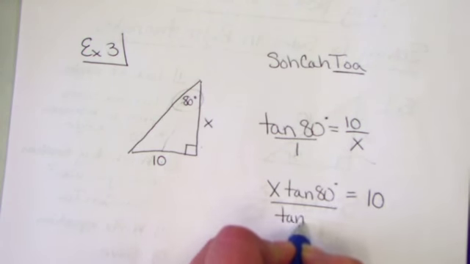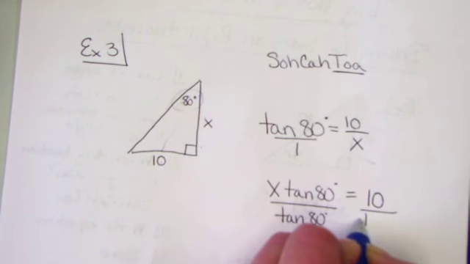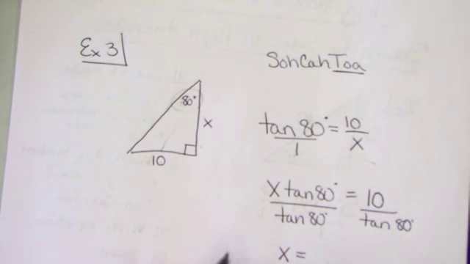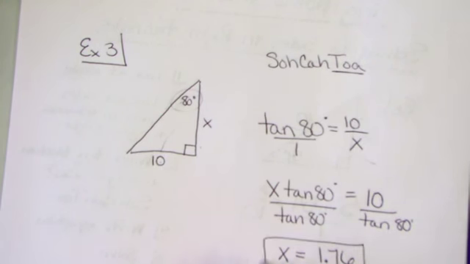Divide both sides by the tangent of 80 degrees. Use my calculator, and I get 1.76. This completes note number 3.